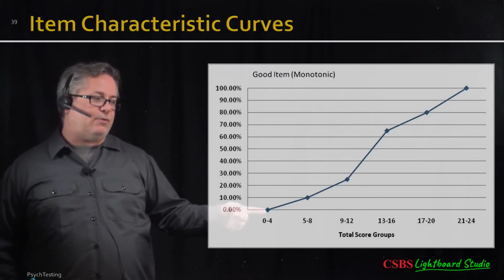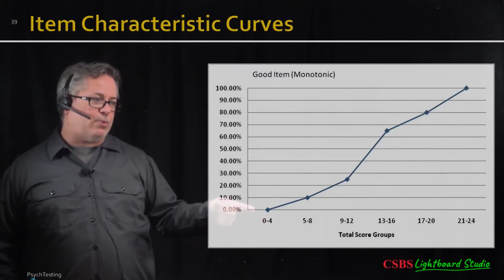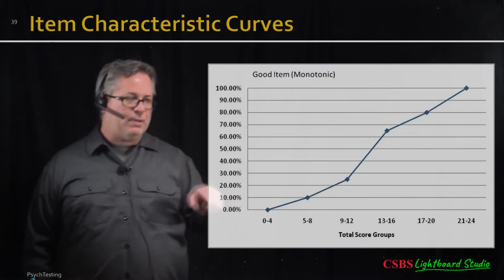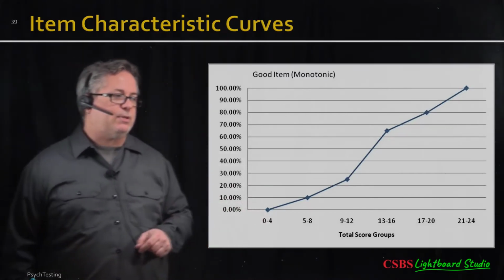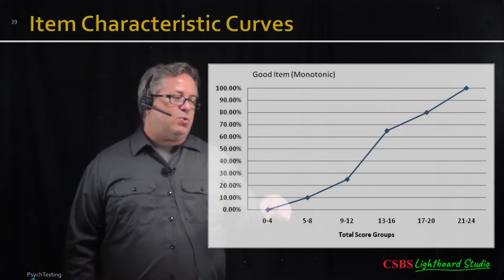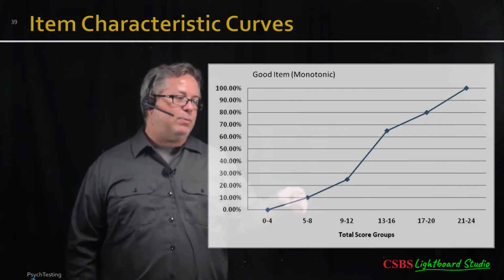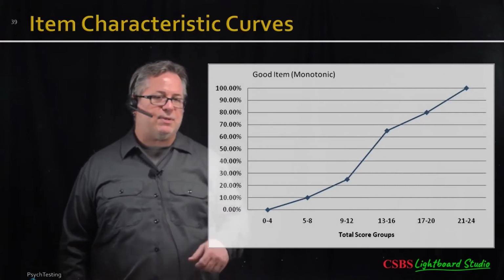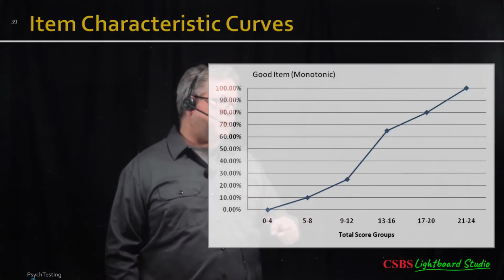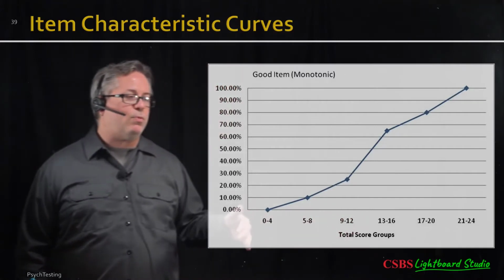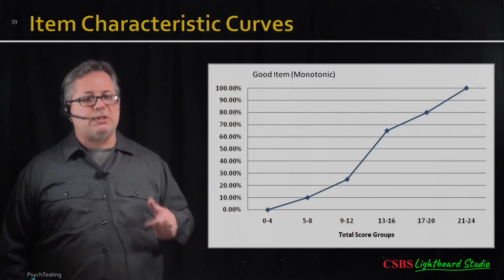People that answered very few items are going to have a low probability. There's going to be a low proportion of them actually answering yes to that question. But as the score goes up, more people in this group are going to say yes to "I sometimes feel blue," even a large proportion. So as the score goes up, more and more people in each of those groups should be endorsing the item.